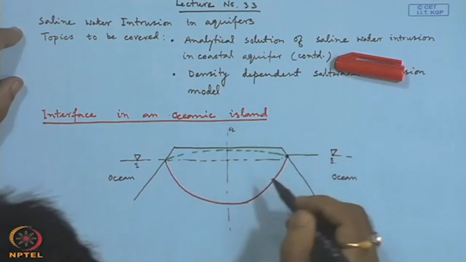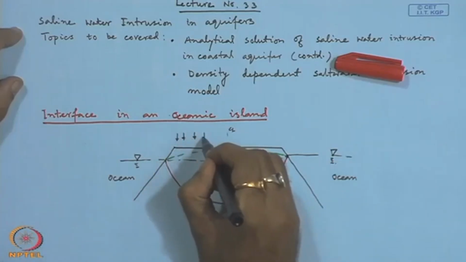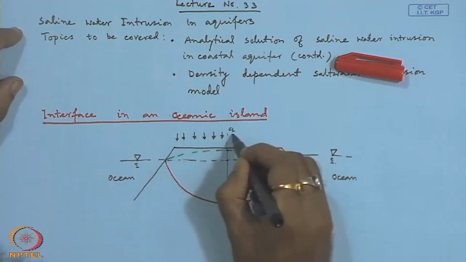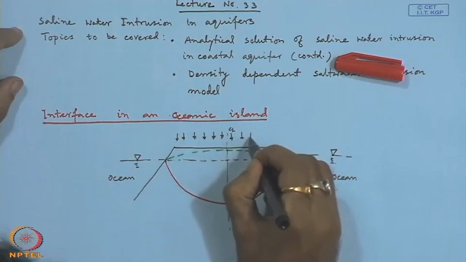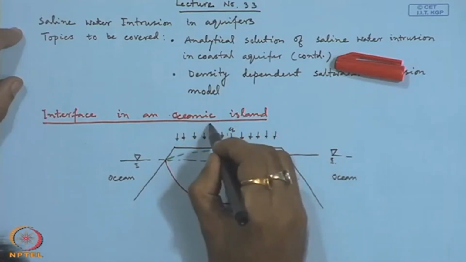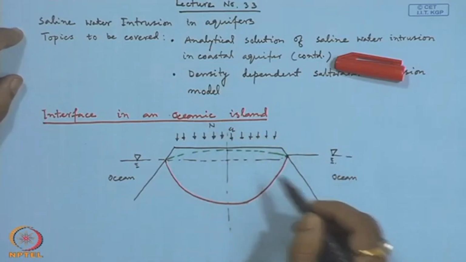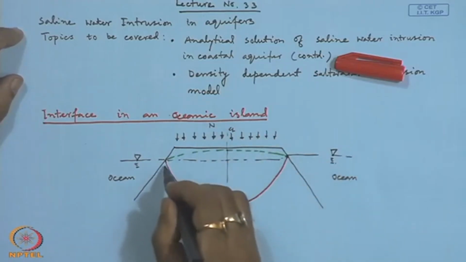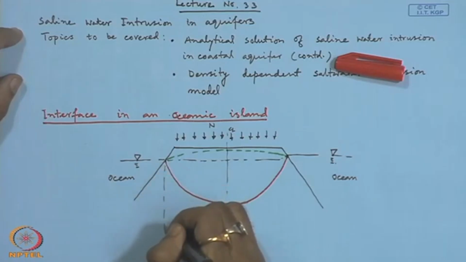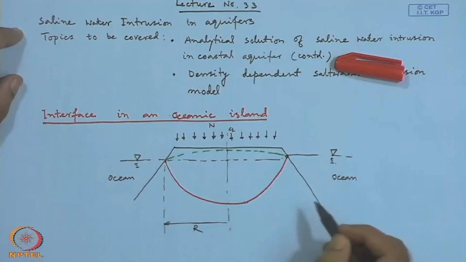This is central line, and we have infiltration or precipitation from the top of the oceanic island, and this rate is n. And let us consider this is having equal radius with r.